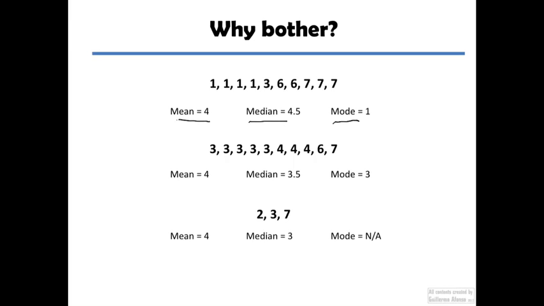So all of these here, they all have the same mean, 4, 4, and 4. But you can see it's very different kinds of values. And that's why it might be practical to look at the median and the mode in these cases. The median is going to be telling us more or less what the person in the middle is doing. And the mode is what's the most common thing.